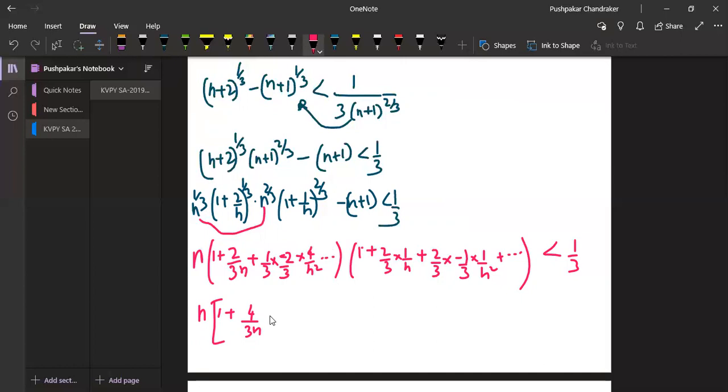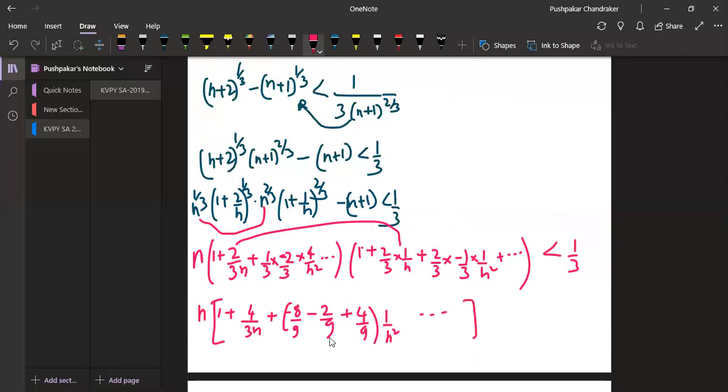So write that, you'll get minus 8 by 9. Then this into this, third term here with the first term here. Next, first term here and third term here, that will give you minus 2 by 9, and the center term, second term here and second term here, also will give n square in the denominator. So that gives you plus 4 by 9 into 1 by n square, and so on.